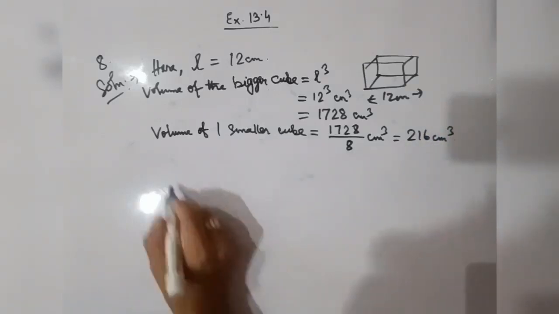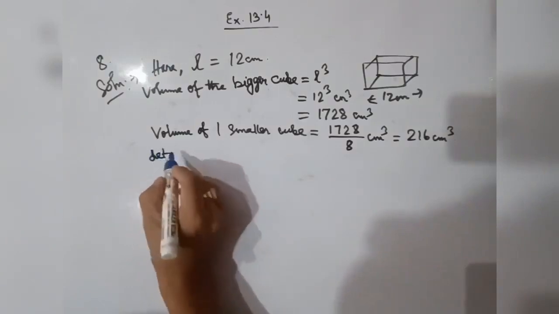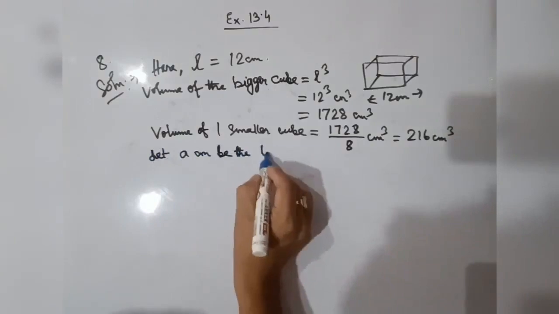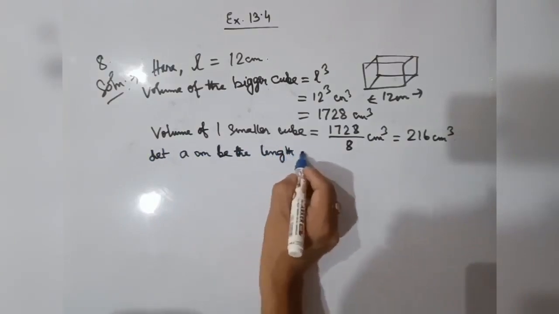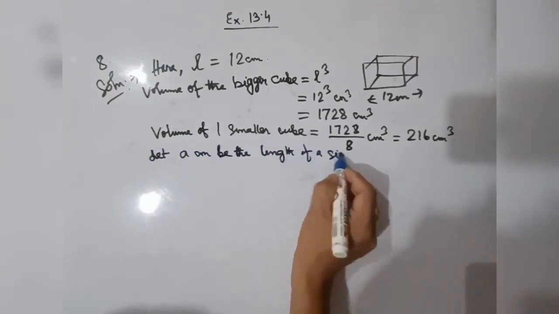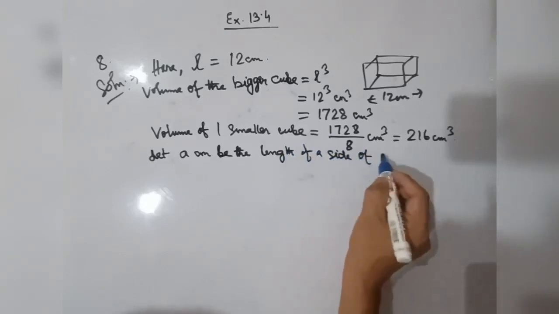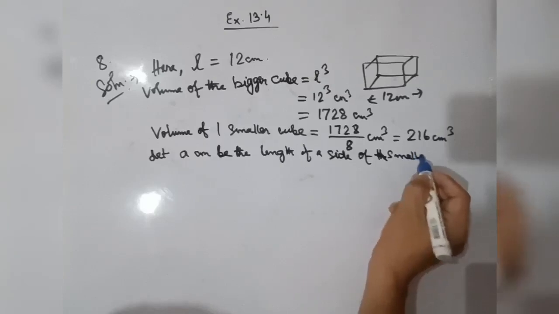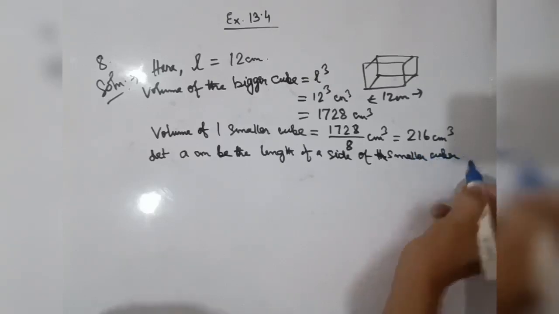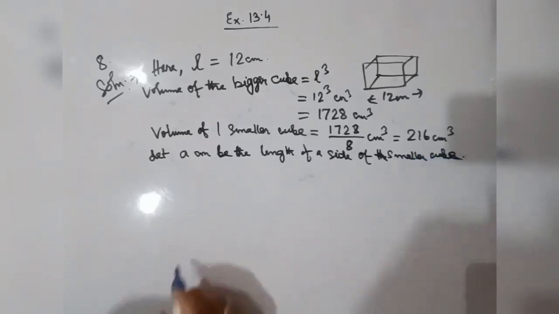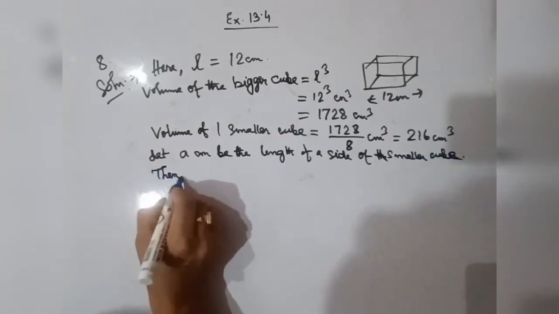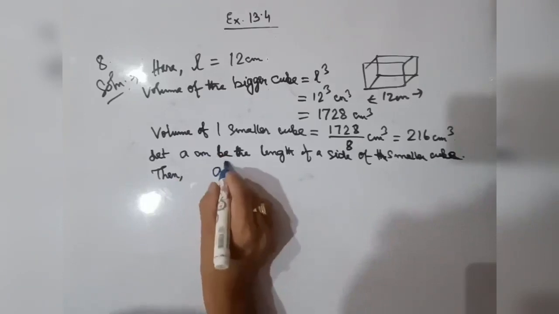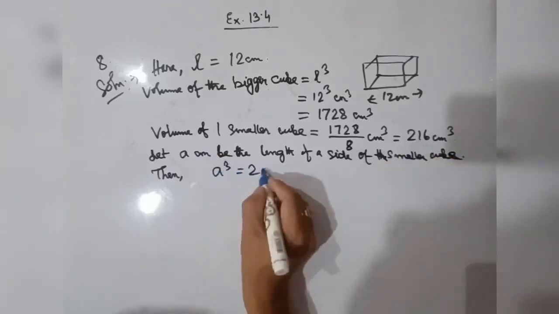Now let a centimeter be the length of a side of the smaller cube. Then according to the question, we will get a cube equal to 216.